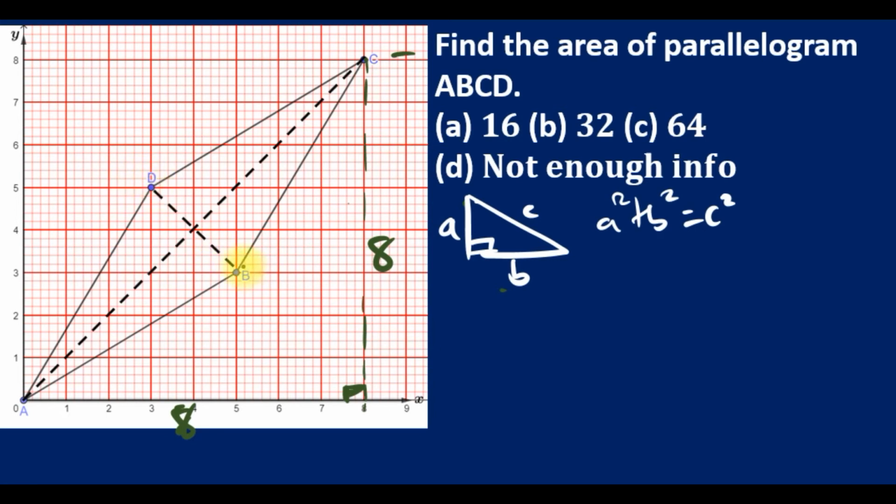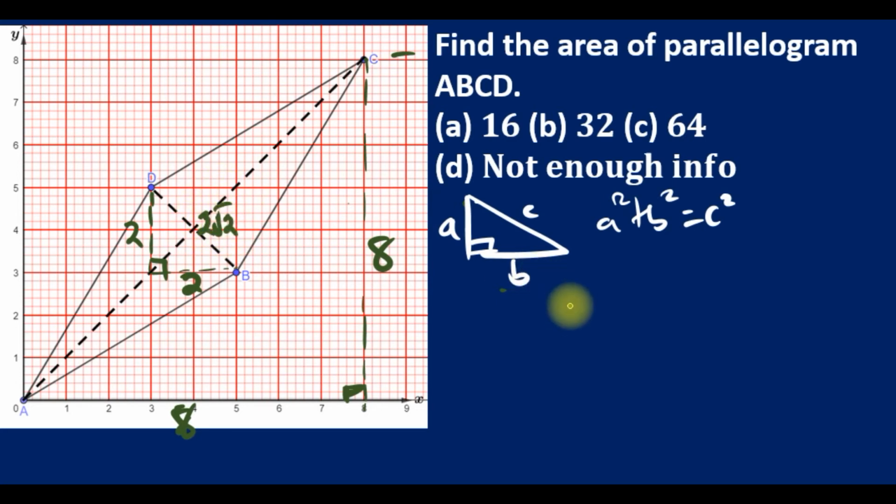Now BD. As you can see, if we join this, from here to here is 2, and this is 2. So BD is 2 root 2.